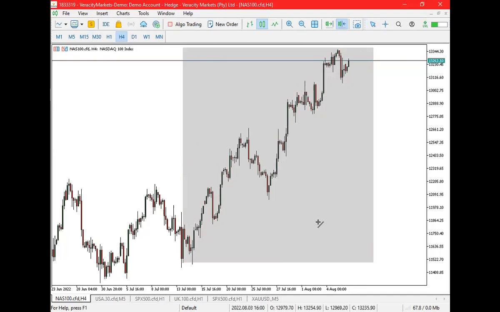Okay, guys, if you check here, let me do this. Okay, let's start here. If you check these zones that I'm drawing, you'll see what I'm talking about.